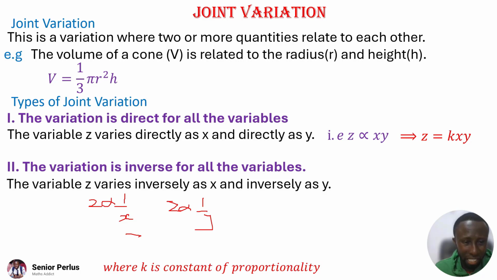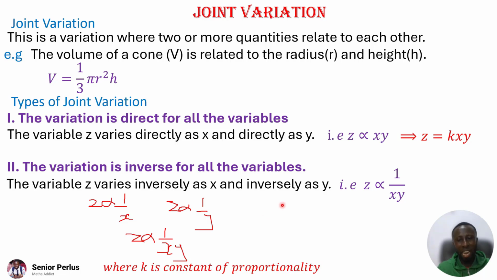It becomes z varies inversely as s and y. So this is what they mean: z varies inversely as s and inversely as y. It can be written as z varies inversely as s and y.